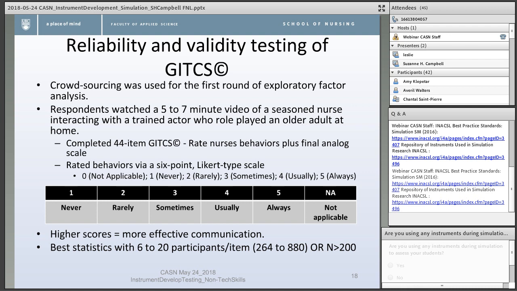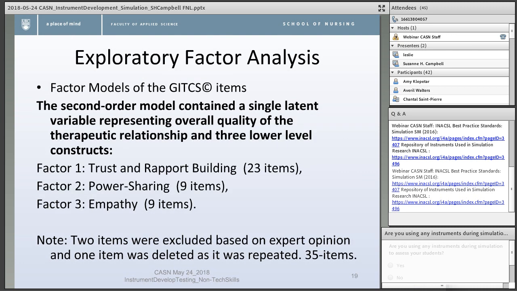So you need 264 to 880 people. Any of you that have done survey research know how difficult and how much time that could take. For this crowdsourcing group, in under 2 weeks, we had, and I have it written, 700 or 800 responses. So that was the way to go for us.